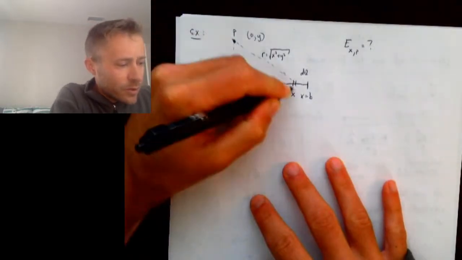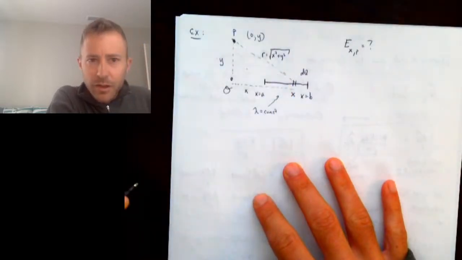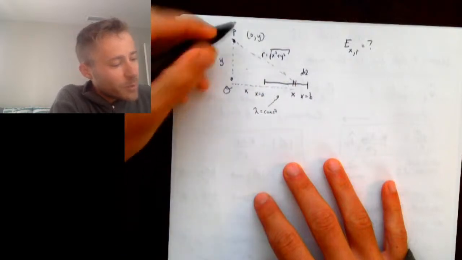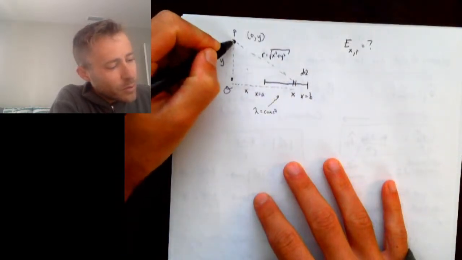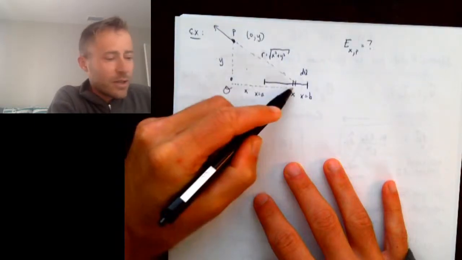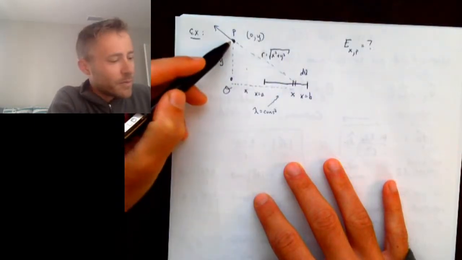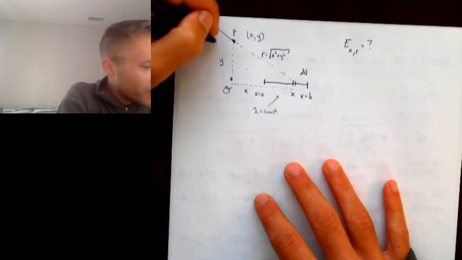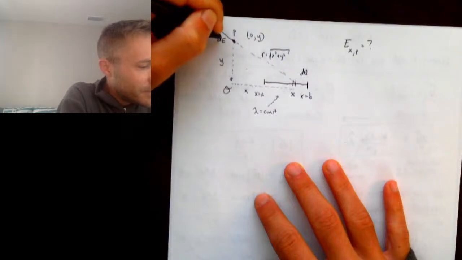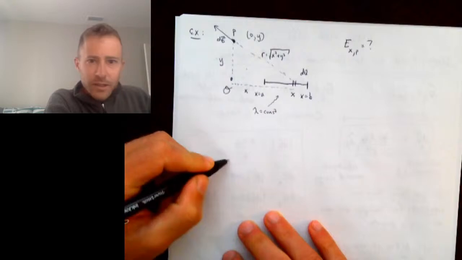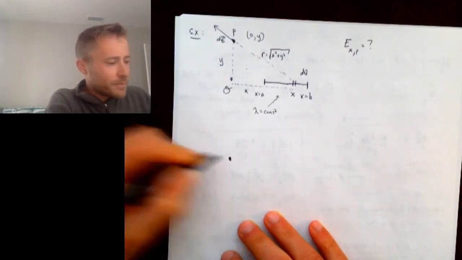This little itty-bitty piece of charge is going to create an electric field that points directly away from it. So if we're at point P and we go directly away from that piece, that little piece of charge creates an electric field that goes in that direction. So this is my dE. I'm going to draw dE down here a little bit bigger.